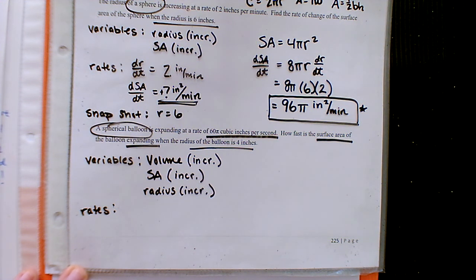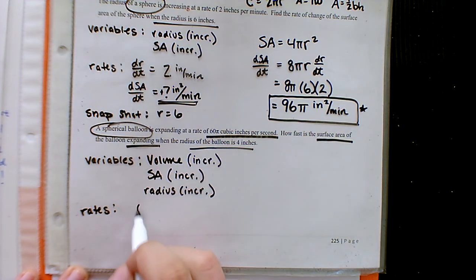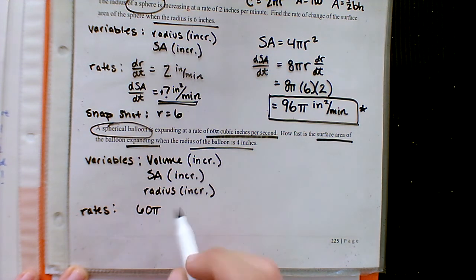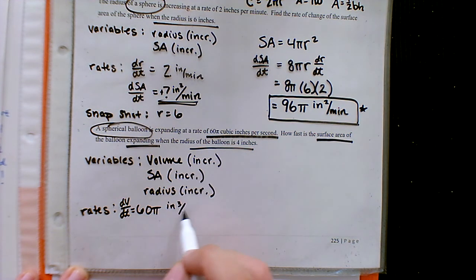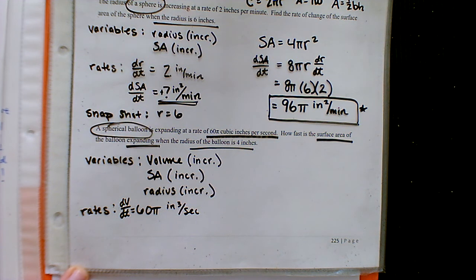Rates that we know or that we're trying to find. Yeah. 60 pi cubic inches per second is the volume increase rate. Okay, so dV over dt, cubic inches per second. Any other rates that we know or we're trying to find?